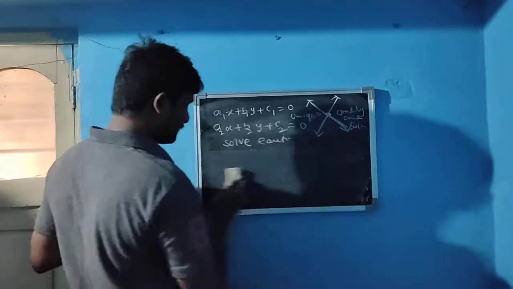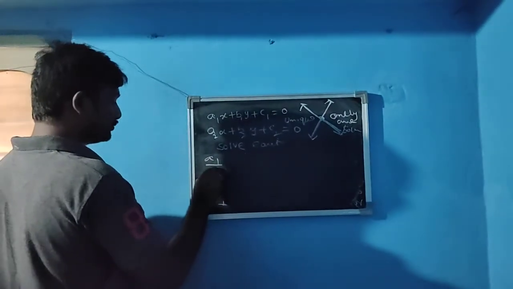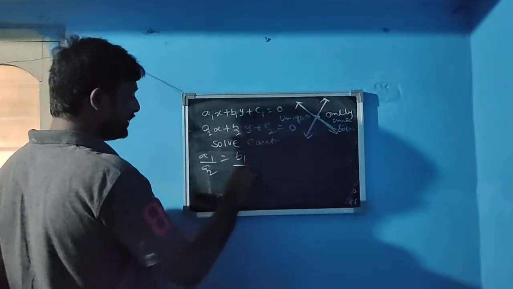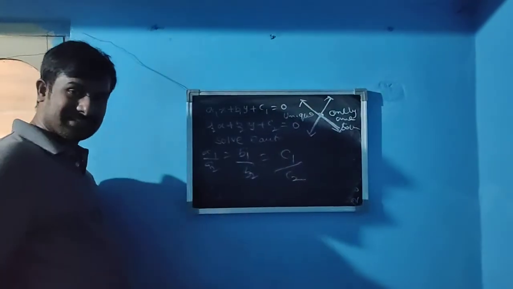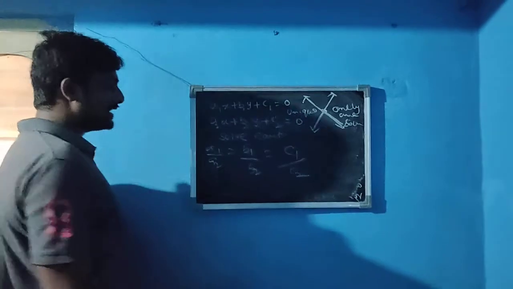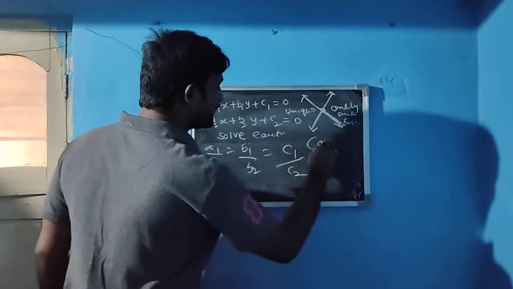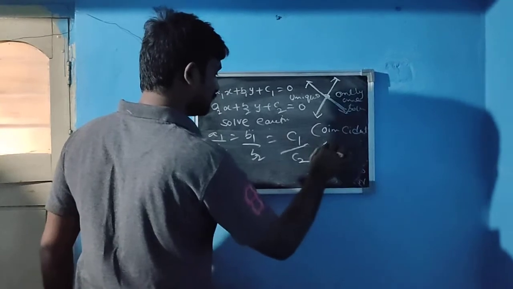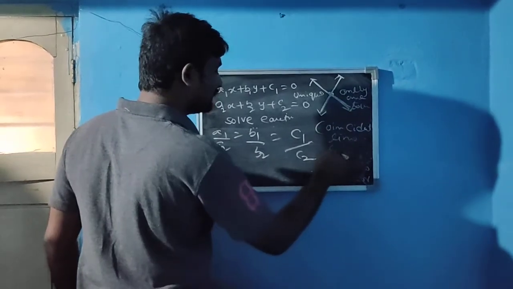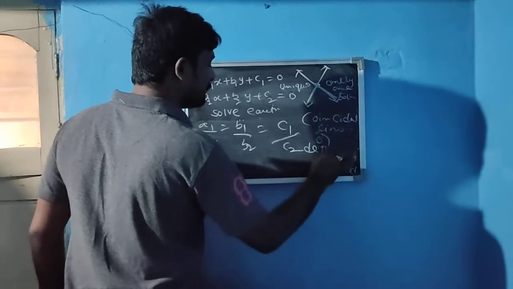Suppose a1 by a2 is equal to b1 by b2 is equal to c1 by c2. These lines are known as coincident lines. One more name is dependent lines.